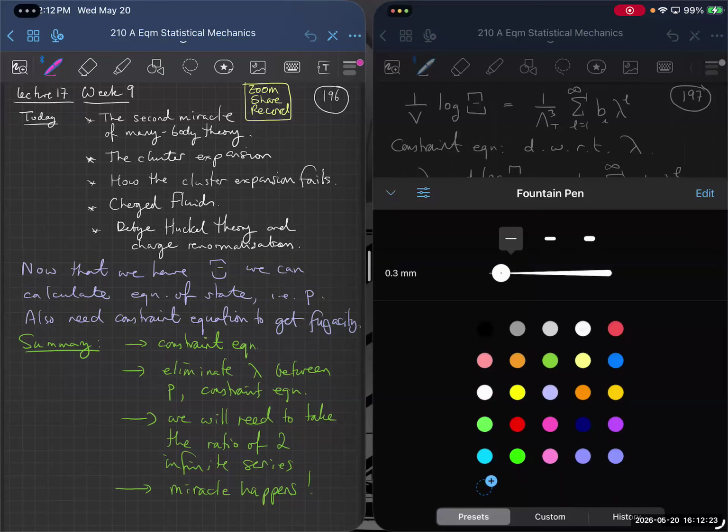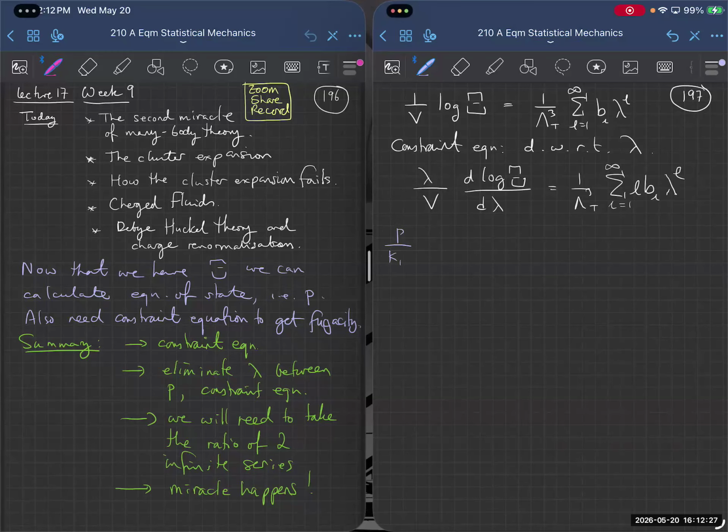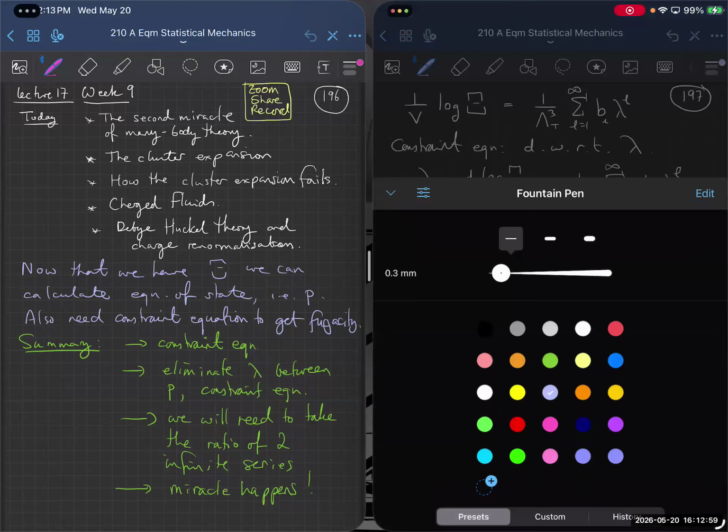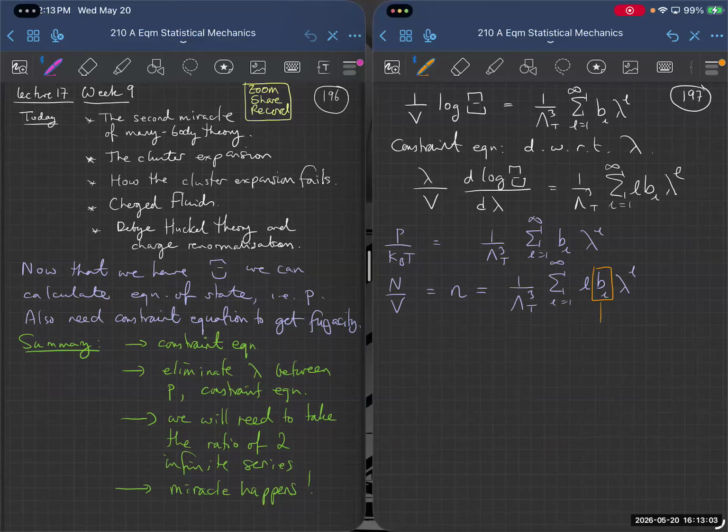And so then I can now write down the physical equations. Therefore we know from physics that P over kT is 1 over the thermal de Broglie wavelength cubed, sum from L equals 1 to infinity of B_L lambda to the L, and N over V, which is the number density, is equal to 1 over the thermal de Broglie wavelength cubed, sum from L equals 1 to infinity of L B_L lambda to the L. And remember that these B's are complicated integrals of the Mayer f functions, and those can be computed.